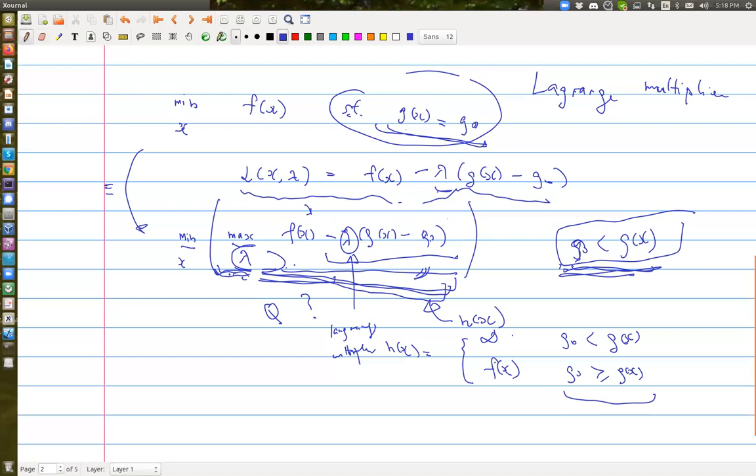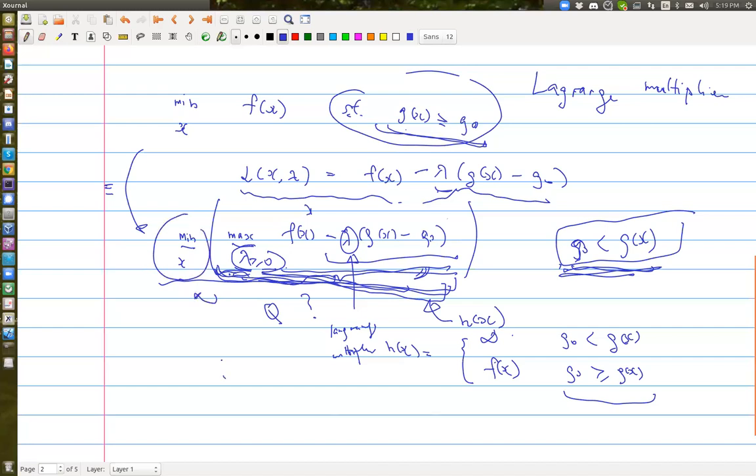Oh, by the way, this is equal to infinity, therefore in terms of the entire optimization function, this will not be picked. Why do we want to make it infinity? Because remember, afterwards we are trying to minimize over x, right?